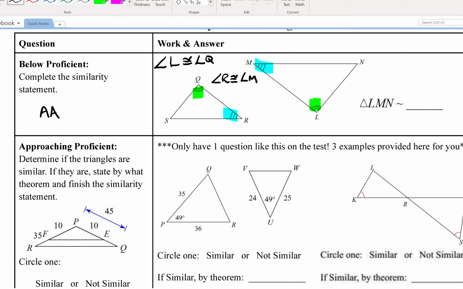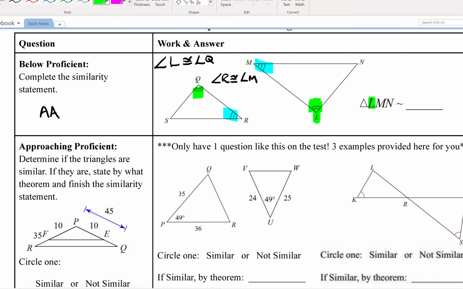When you're writing your similarity statement, your vertices that have the same congruence have to match up. They started this one triangle with L. We'll call that one in green here.